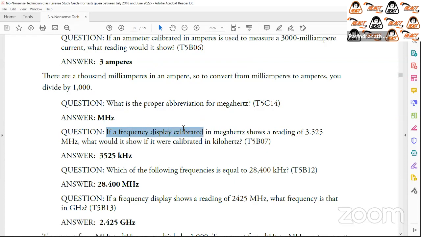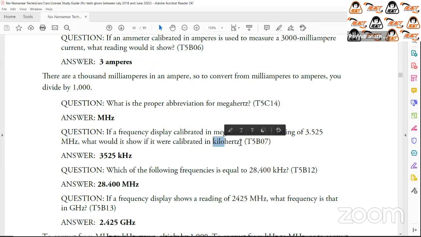If a frequency display calibrated in megahertz shows a reading of 3.525 megahertz, what would it show if it were calibrated in kilohertz? So let's look again. We are trying to move from megahertz to kilohertz.